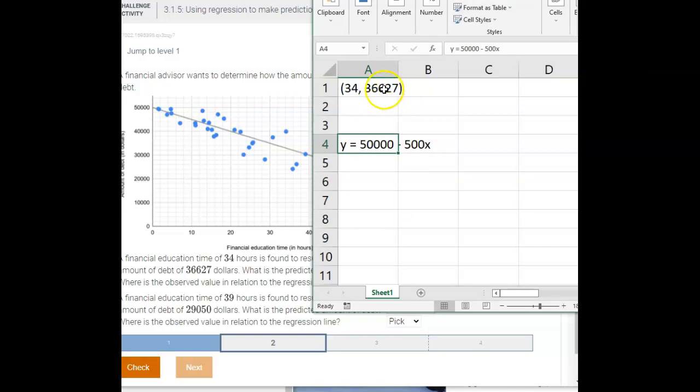We ask somebody what their debt is, how much time they spent, and that's our observation, our data. What do we get when we plug a 34 into this equation? So 50,000 minus 500 times 34. Oops, I put an equal sign in. So we get 33,000. So this is our prediction, and that's what we need to type in.